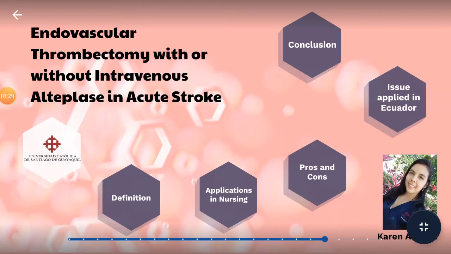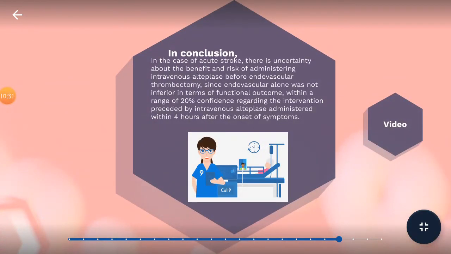Conclusion. In conclusion, in the case of acute stroke, there is uncertainty about the benefits and risks of administering intravenous Alteplase before endovascular thrombectomy.